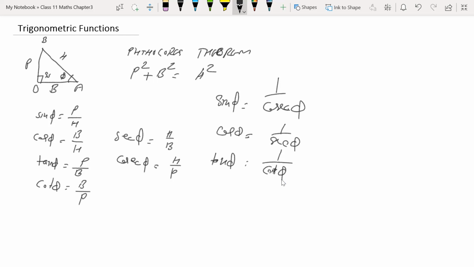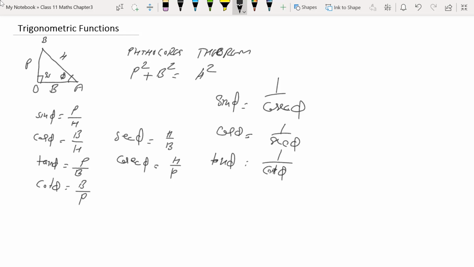Why are there only 6 ratios? There are no 7 ratios, no 8 ratios. Because there are 3 sides and the combinations of these 3 sides become 6. Hence, these are the 6 ratios. So I hope you have remembered these ratios, and further we will study trigonometric functions.